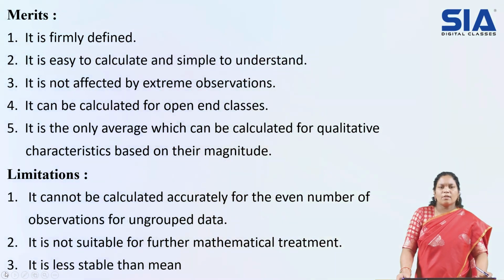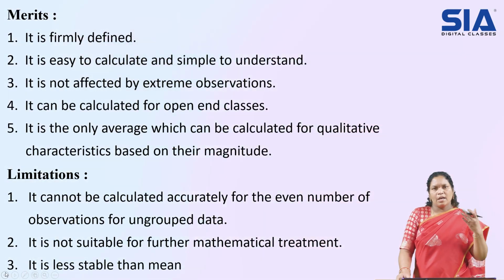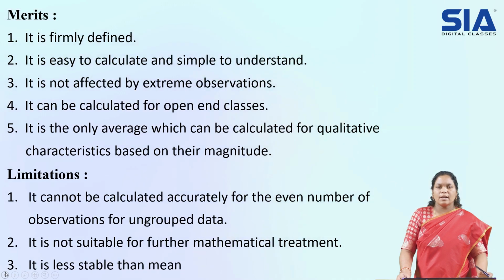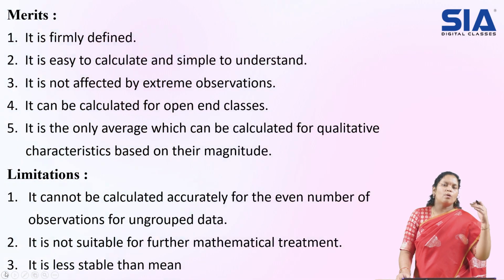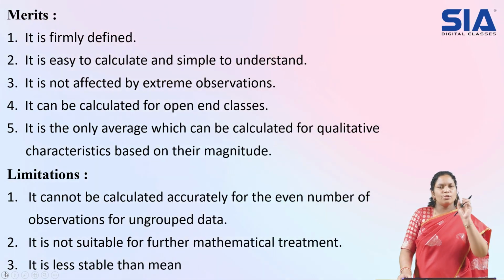Next, it can be calculated for open-end classes also. In the first unit we discussed different varieties of classes, right? Open-end classes are those where, from the beginning, the data is specified like below or above. They will not specify directly 0 to 10 like that.